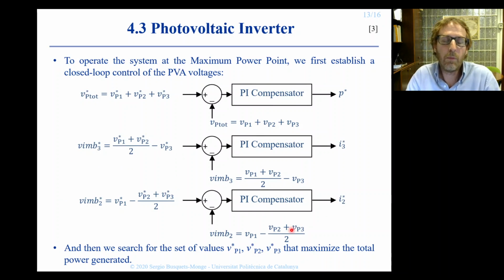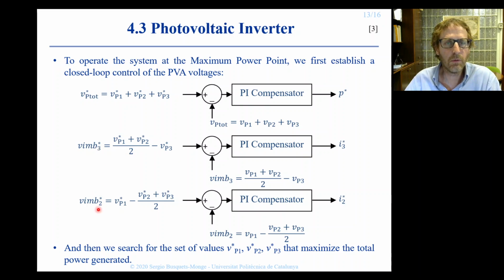To operate the system, we need to first set up 3 control loops. One of them is regulating the total voltage of the photovoltaic arrays. And the output of this control loop will be the command of the power being delivered from the photovoltaic array to the grid.